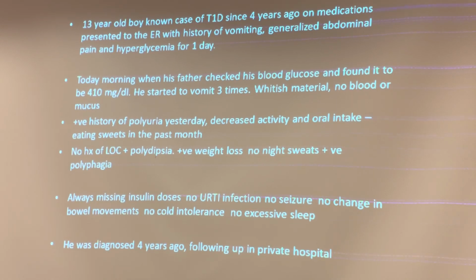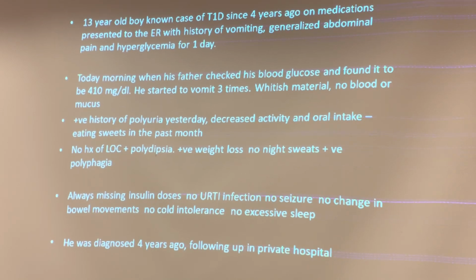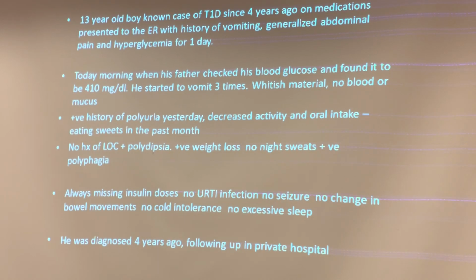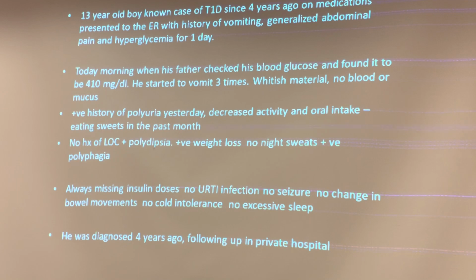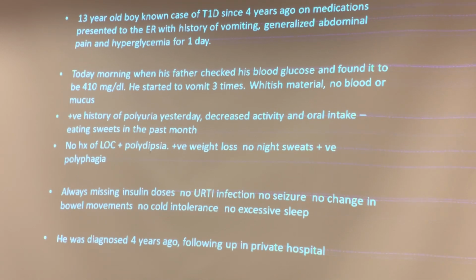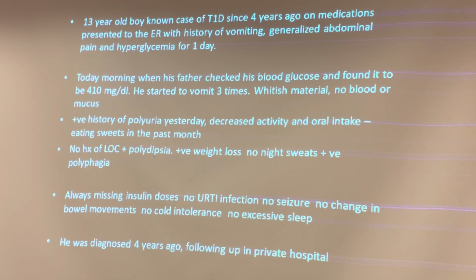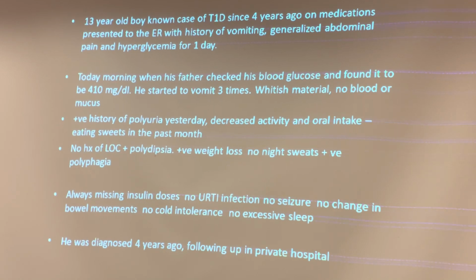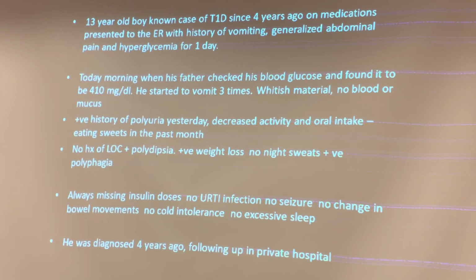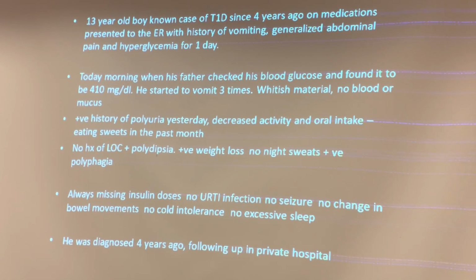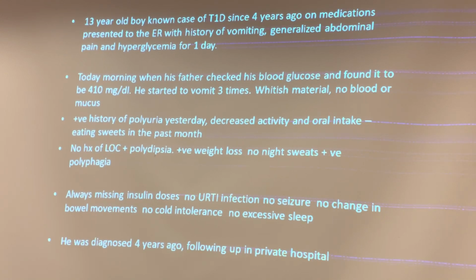all these details. Anyway, positive history of polyuria, decreased activity, decreased oral intake, and increased amount of sweets in the last month. This could be happening in Ramadan, by the way, because typically people make sweets.